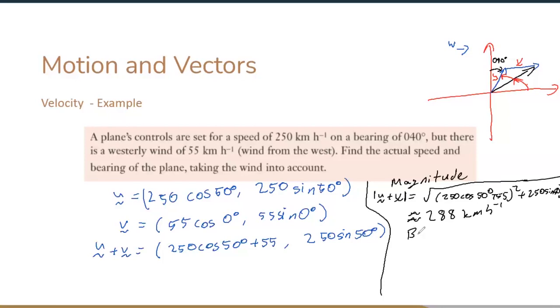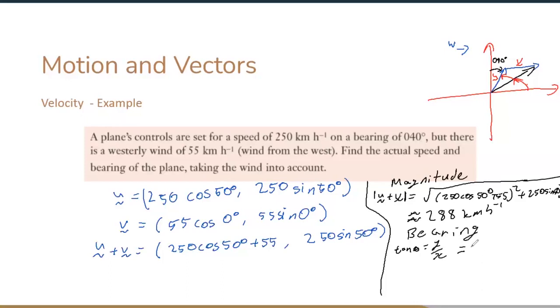But now the bearing. The bearing's a little bit tricky because there's a slight trick that you might miss out on, particularly if you didn't notice that we had to use 50 degrees here, not the 40 degrees. But for bearing, we have another way of finding our angle, and that is tan theta is equal to y over x.